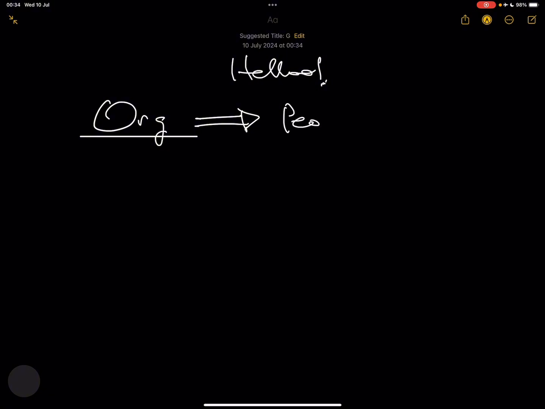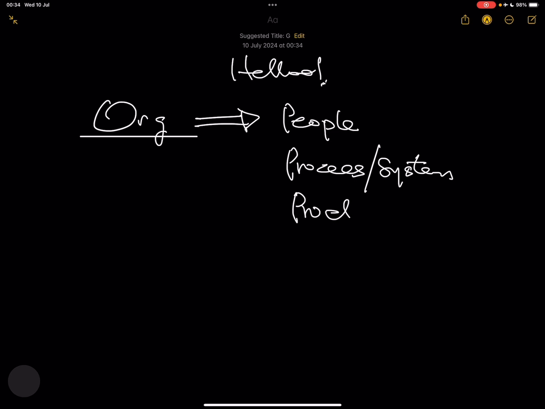Think about people, think about the process or the system, and the reason why the organization exists, which is product or service. Usually, every organization can be grouped into these three categories. And for any organization to succeed, all of these must be well taken care of.